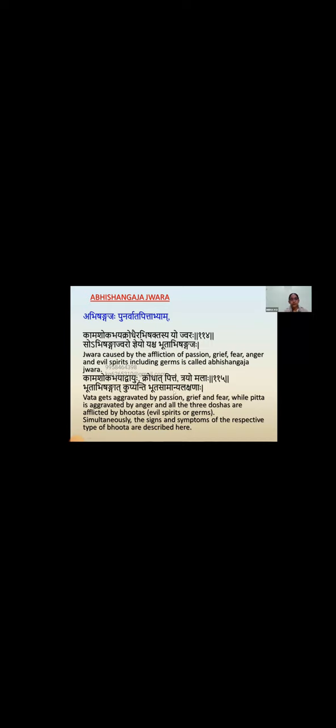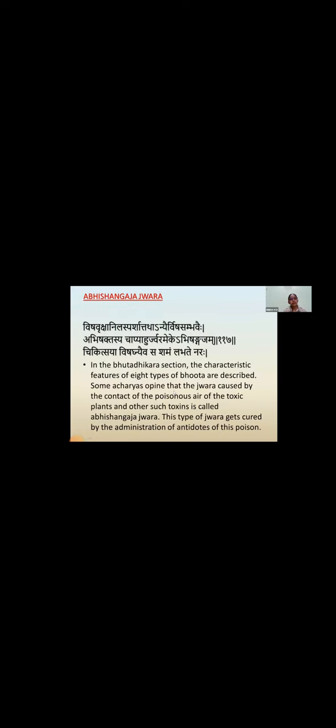And in a case of abhishangaja jwara, it may be because of the vishavraksha anila sparsha, or it may be exposure to different types of poisonous acts. And the abhicharaja and abhishapaja jwara: abhichara abhishapajo tu sannipate anubhadyate.